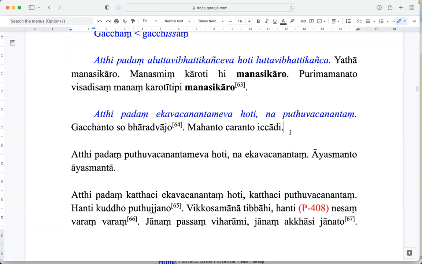Even though it is not the accusative case, according to its explanation, manangaroti, if the case ending were still there, it should be manangaro. Yeah, it's okay.